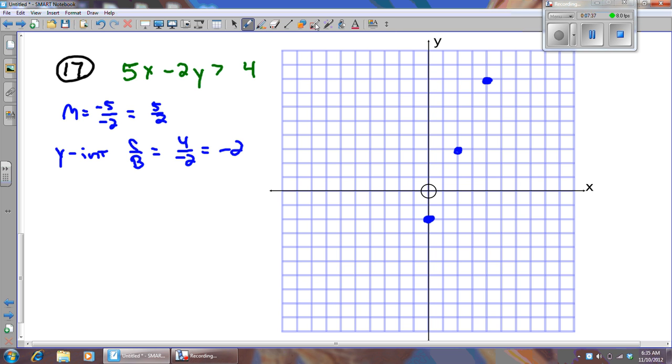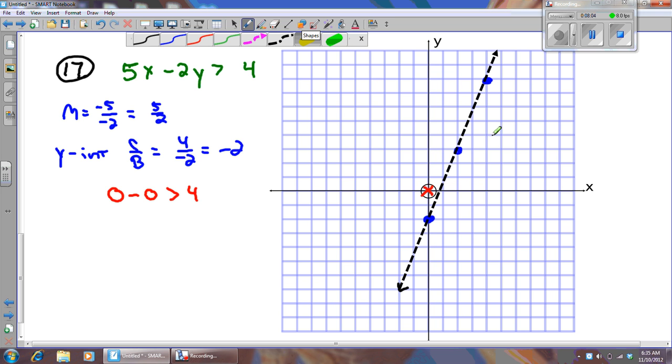I'm going to get a dashed line this time, because it's not equal to. Going to use my test point. Love to use that origin. Makes the math easy. Plug 0 in for x, 0 in for y, greater than 4. That is not a true statement. I will shade the other side of the line. And there you go. That's it.